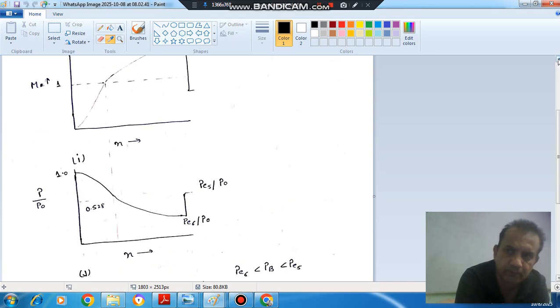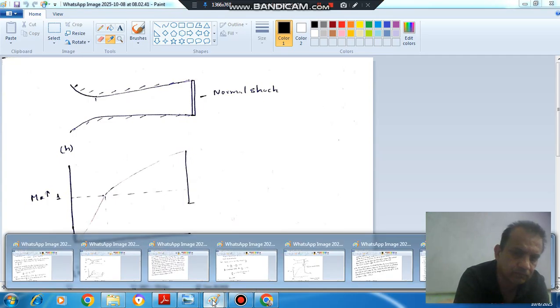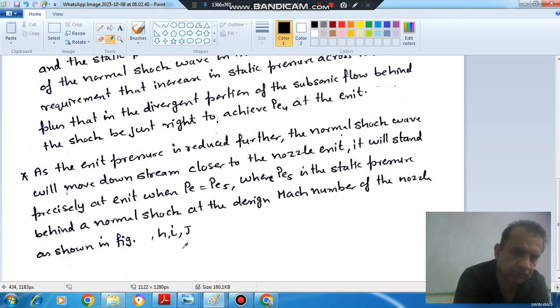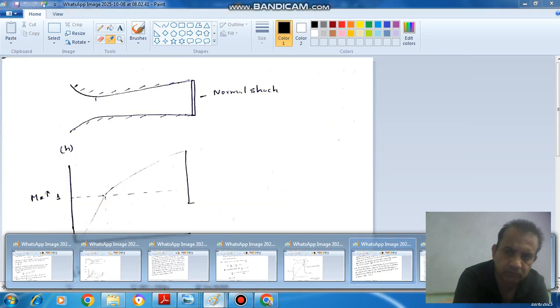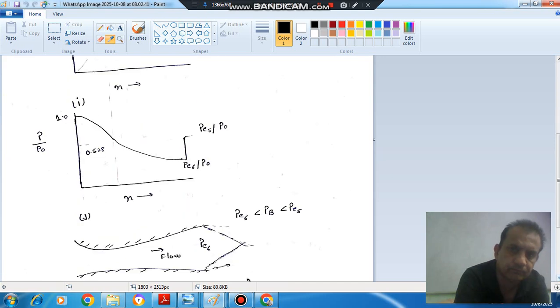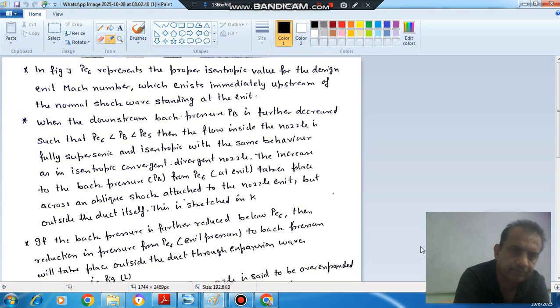This is your design Mach number, and this is the Mach number achieved if the shock exists at the exit of the nozzle. So this is given by figures H, I and J. Now we'll move further.